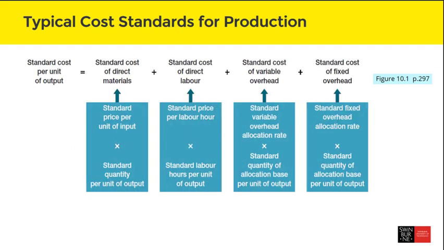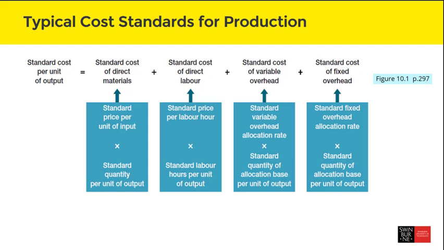If you look at typical cost standards for a manufacturing company, the standard cost per unit of output will cover standard cost of direct material plus standard cost of direct labor plus standard cost of variable overhead plus standard cost of fixed overhead. So there are four components that make up a standard cost for one unit of output.